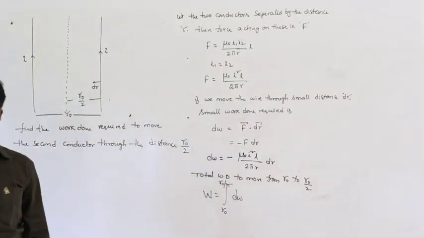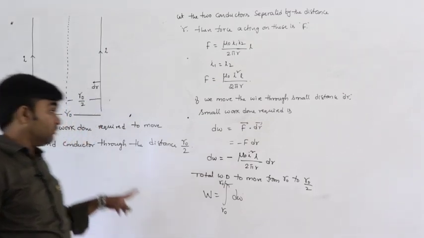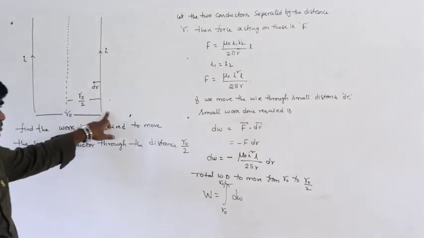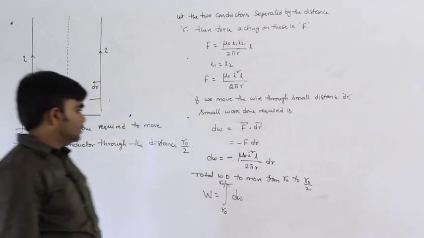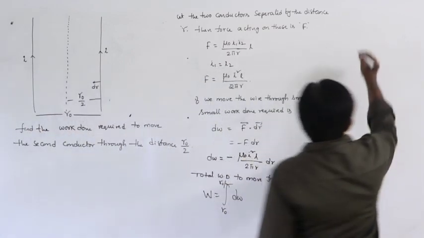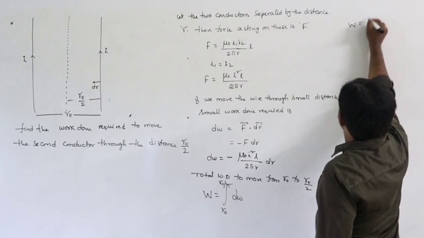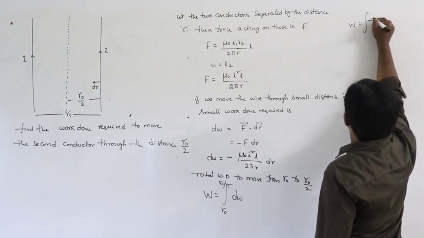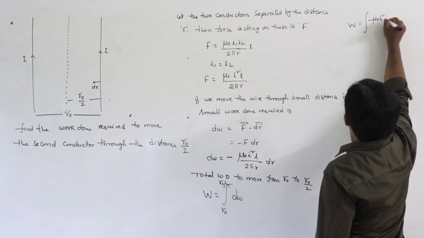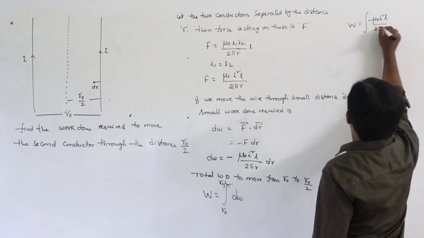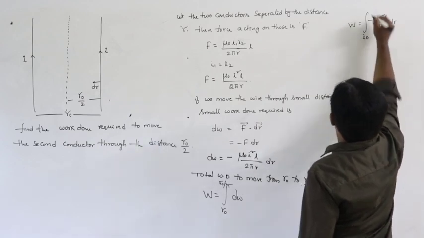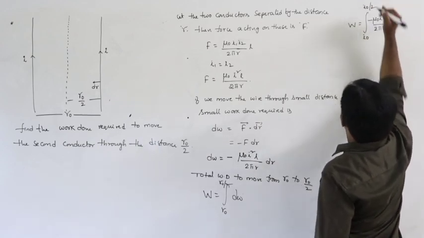The lower limit is r0, where we are starting, and the upper limit is r0 by 2, where we are ending. So work done is the integral of F dr, minus mu naught I square L by 2 pi r dr, from r0 to r0 by 2.